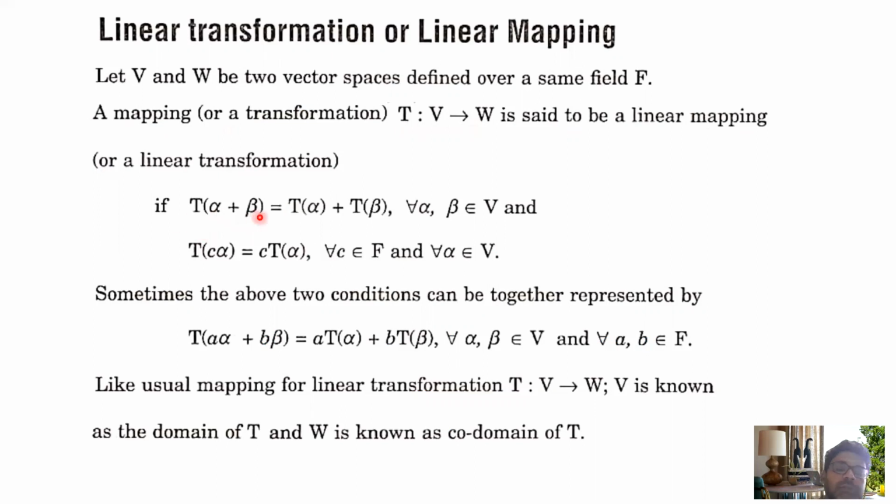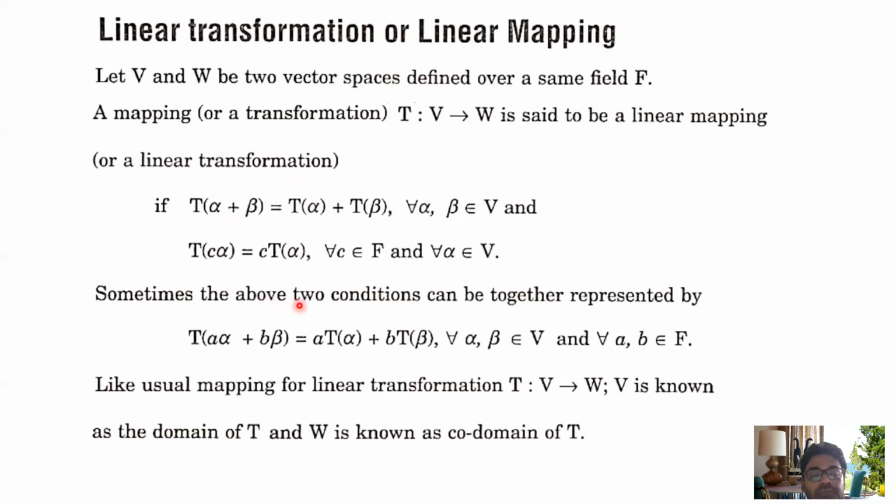T(alpha plus beta) is equal to T(alpha) plus T(beta) for all alpha, beta belonging to V, and T(c alpha) is equal to c T(alpha) for all c belonging to the scalar field F, and for all alpha belonging to V. So if any function satisfies these two relations, it is called a linear transformation or linear mapping.